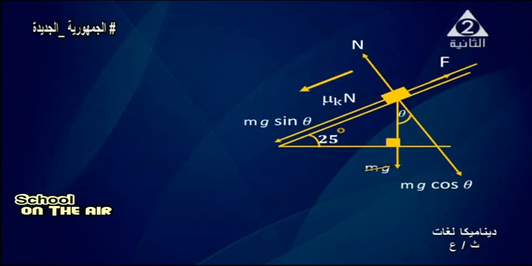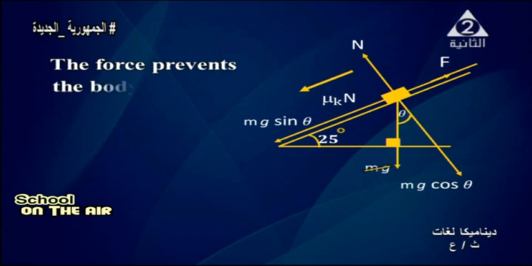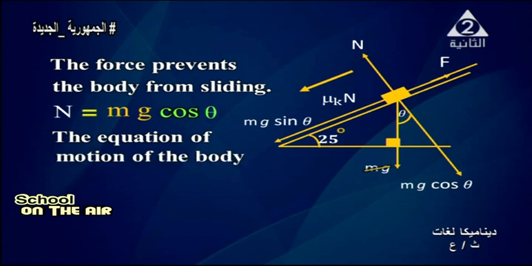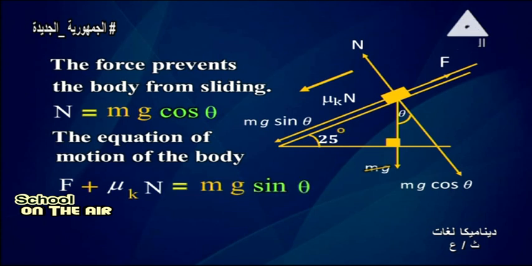Now, the third case, the force prevents the body from sliding. We know that N equals mg cosine theta. The equation of motion of the body in this case is F plus mu k N equals mg sine theta.